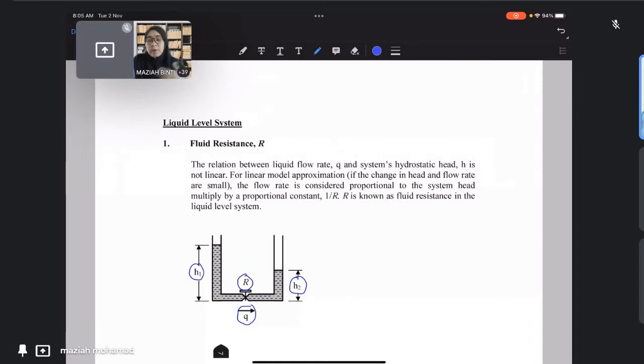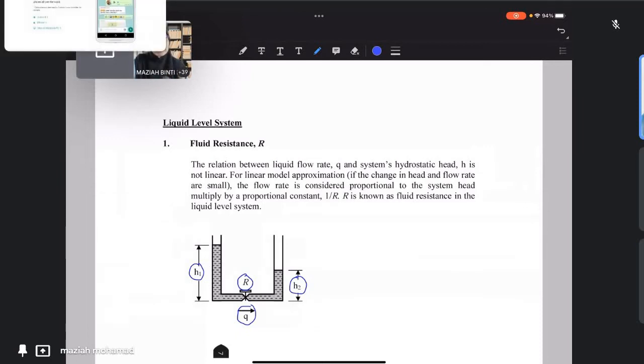Flow rate is how much liquid coming out and coming into the tank, which will affect the level of the liquid in the tank. So basically the relationship is not linear.